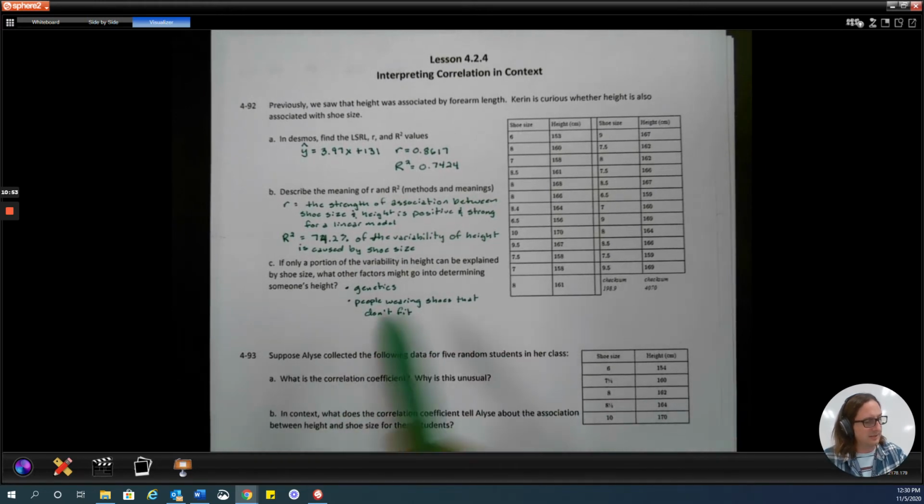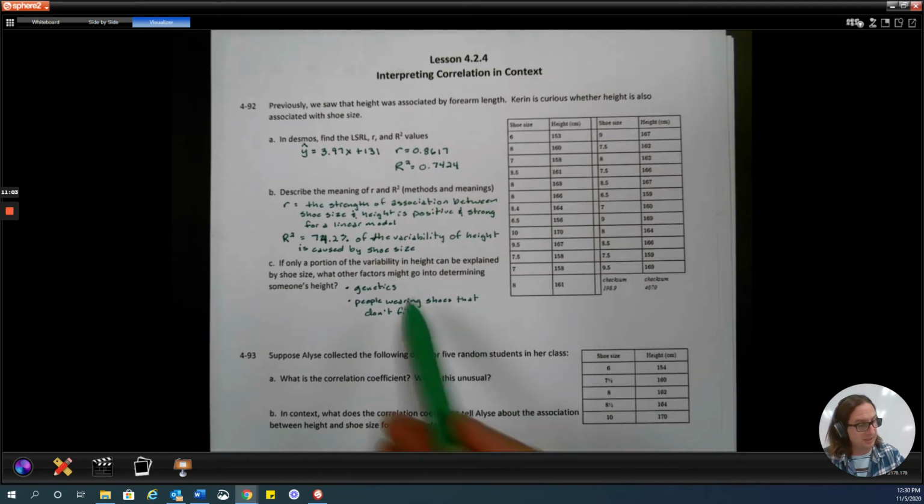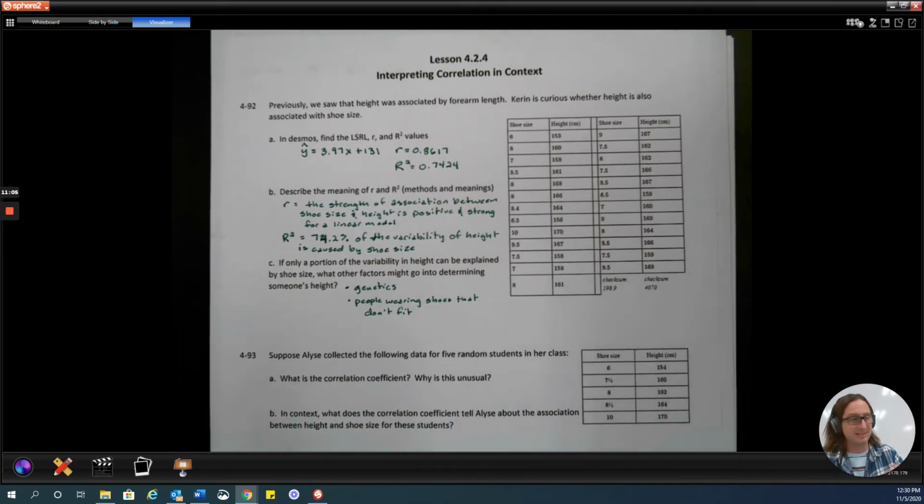So this says that 74% of the variability is due to shoe size, but that means that 26% of the variability is due to other factors. Maybe it's genetics, maybe people wearing different shoe sizes. Fill in your reason there. It could be a whole bunch of different things. All right, so R squared tells us what portion of the variability of the height, so what portion of the Y value, is explained just by the X value.